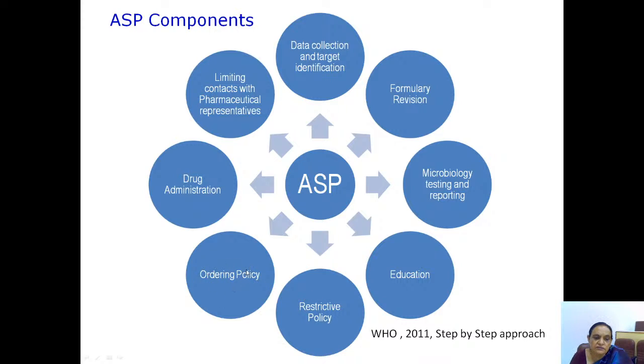Then ordering policy is similar to restrictive policy and formulary revision, so that you order those drugs which you have already discussed and considered appropriate. Then administration of drugs in terms of dosages, mode of administration, looking at toxicity and PK/PD parameters. They also say limit contact with pharmaceutical representatives because they tend to influence. So this was the WHO 2011 step-by-step approach to implement an antimicrobial stewardship program.